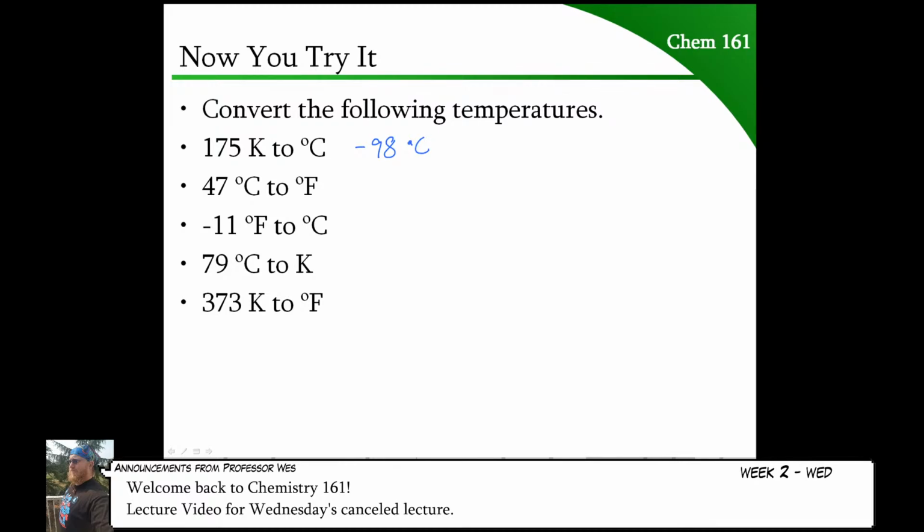So 47 Celsius is the same as 117 Fahrenheit. Because again, going to the ones place. And then negative 11 to Celsius. Oh, that's the wrong one. Negative 24.